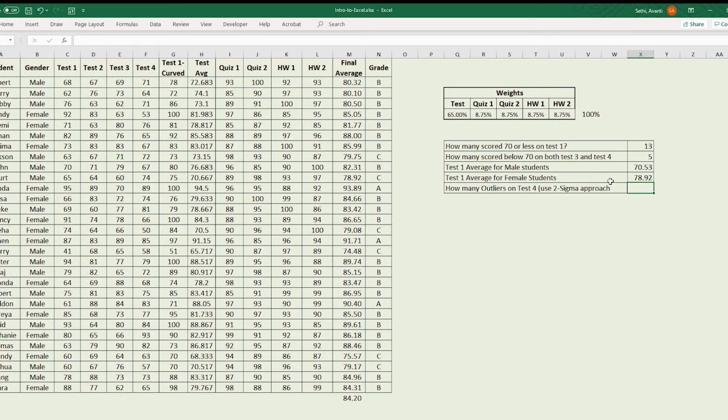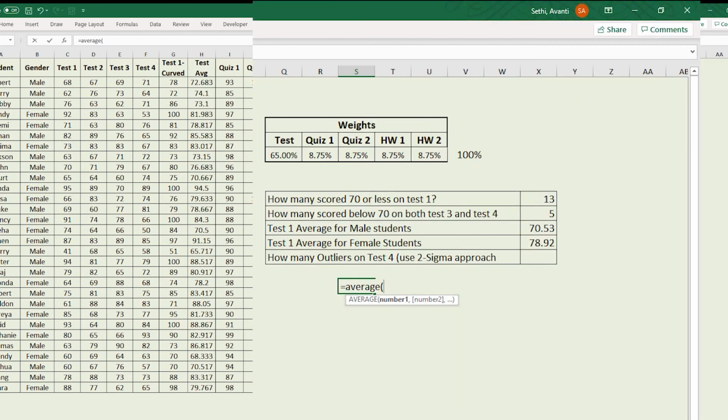Now, how many are outliers? The 2 sigma approach basically means the mean plus 2 sigmas and the mean minus 2 sigmas. So let's find the mean of test 4. And then sigma equal to STDEV.P. We think of it as a population, so dot P, and again test 4.